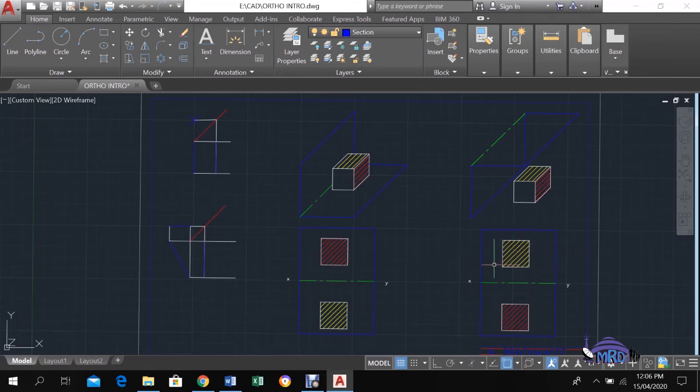Now this, if we're labeling, as we will talk about labeling later, this on your drawing paper in the vertical screen would be called a front view, while this in the horizontal plane on your drawing paper would be called the plan.